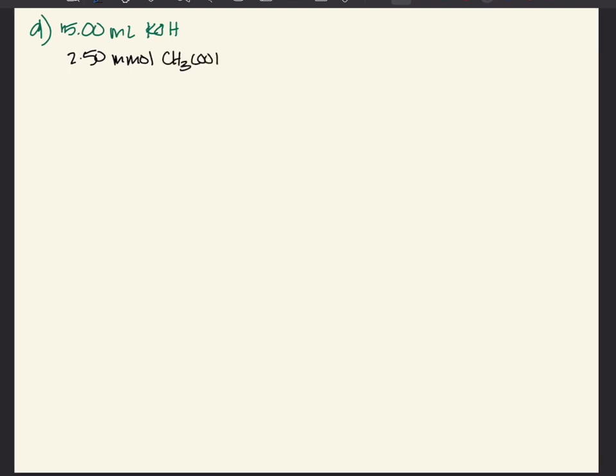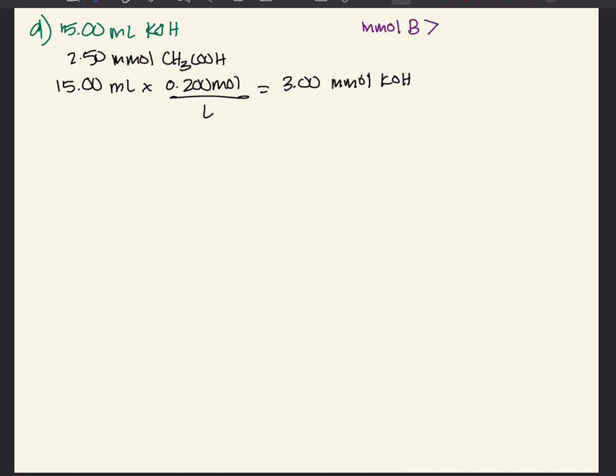I did not add any more acid, so I still have 2.5 millimoles of my acid, and now I have 15 milliliters of my base, and I can multiply that by the concentration of my base to get 3 millimoles of my base. So at this point in the titration curve, the millimoles of my base is greater than the millimoles of my acid. So we are beyond the equivalence point.